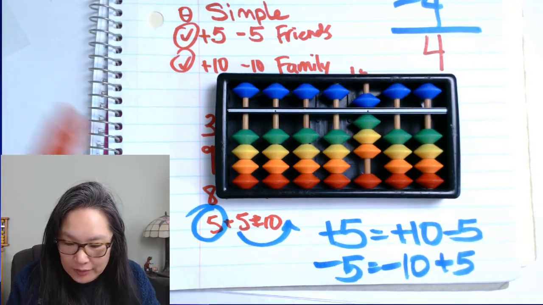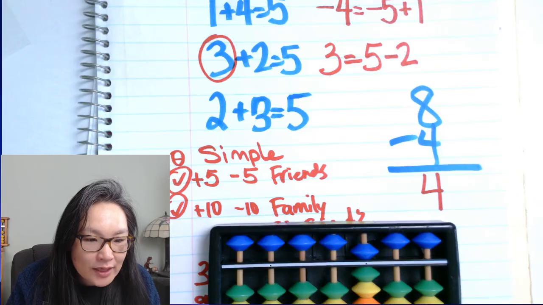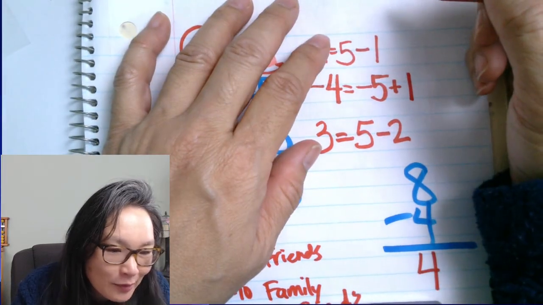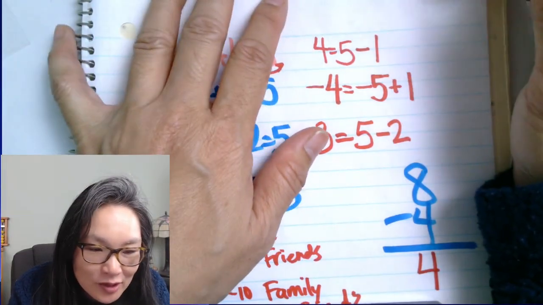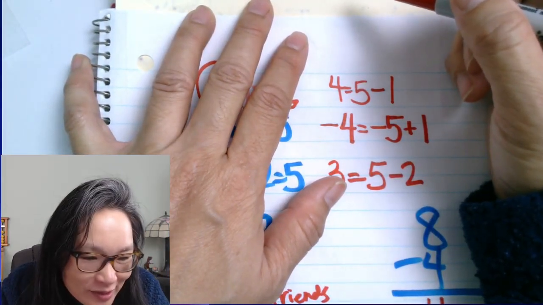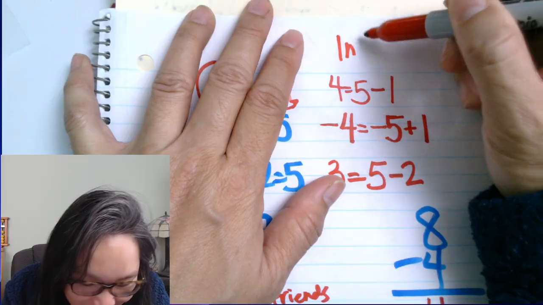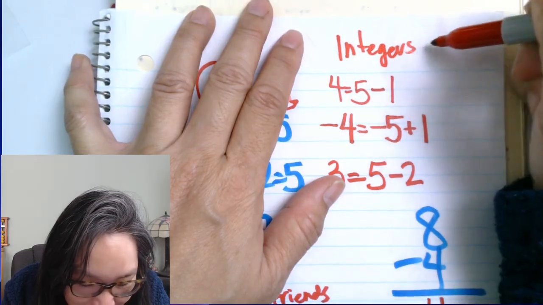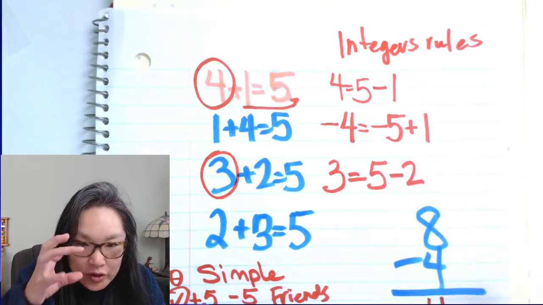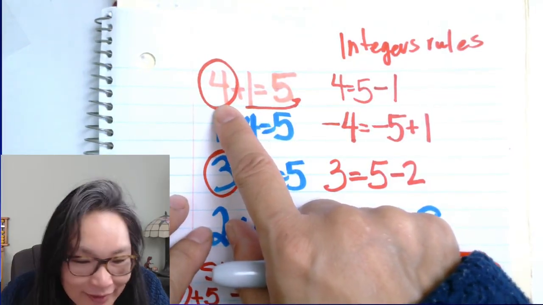I will have to look that up. I make these notes. I watch Audrey's lives, positive and subtracting numbers. I've been trolling Audrey's lives, and whatever she says I try to listen in, and whatever terminology she uses I try to put into mine. Integer rules. But all of this is because I don't know any of this stuff. I don't know the terminology. I just barely found out that this is a variable.